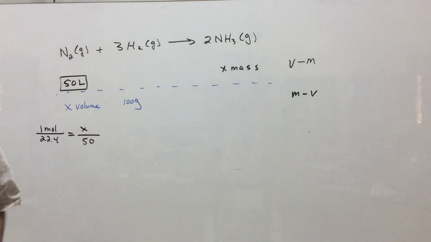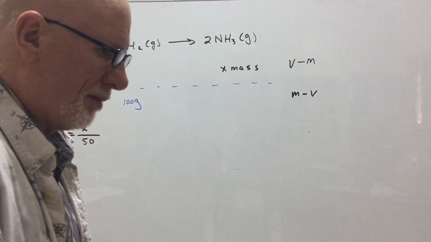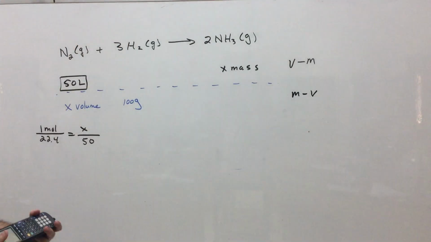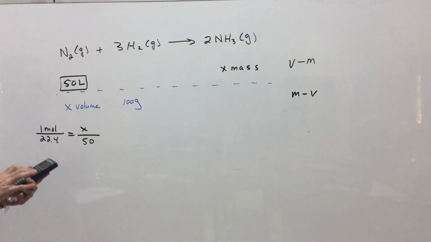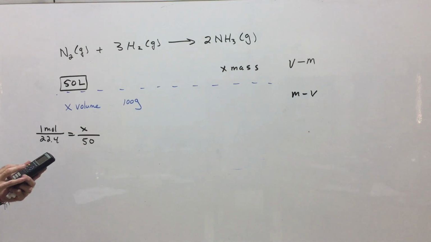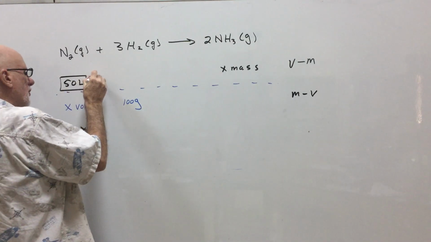Right now, let's do that problem. So it's going to be about 2 point something. So it'll be essentially 1 times 50 divided by 22.4. So let's do that. And that's going to be 2.23. So 2.23 moles.